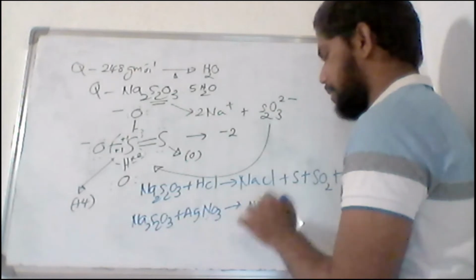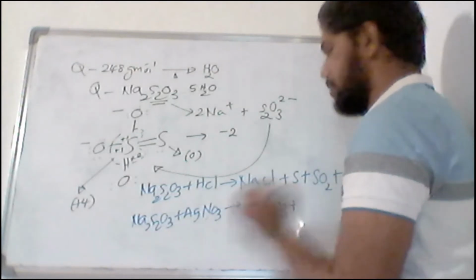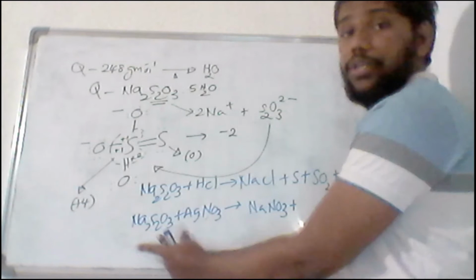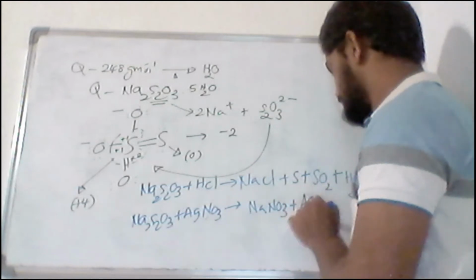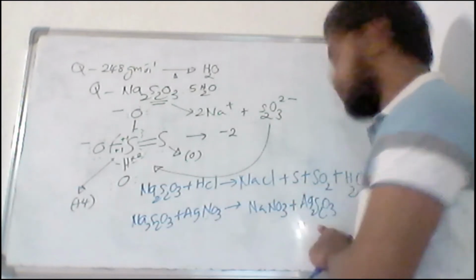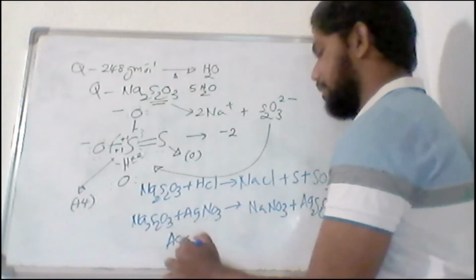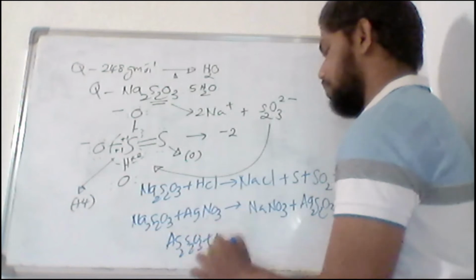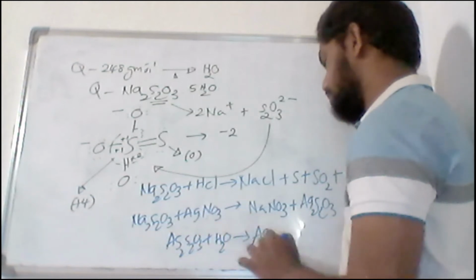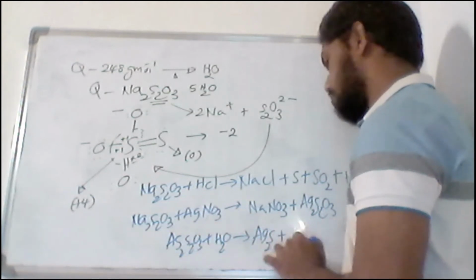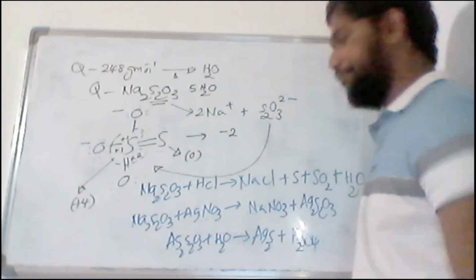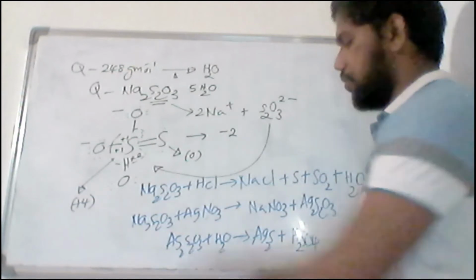So it will form NaNO3 plus the remaining Ag2S2O3. So this is the white precipitate. What happens here when it reacts with water, principally it will convert to Ag2S plus H2SO4. Okay. So this is the overall.